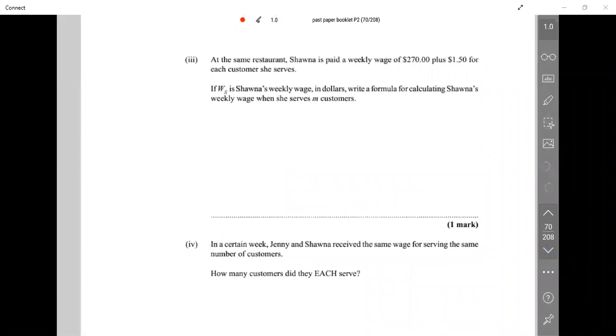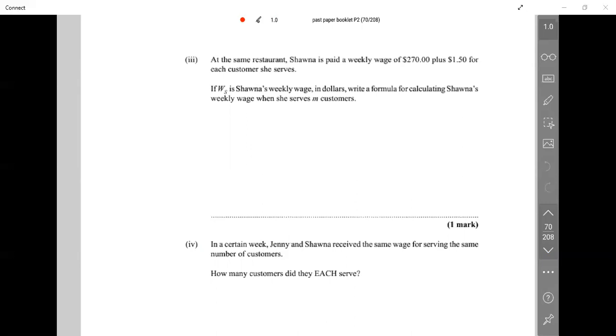Now, at the same restaurant, Shauna is paid a weekly wage of $270 plus $1.50 for every customer she serves. So Shauna's wage agreement is different. If WS is Shauna's weekly wage in dollars, write a formula for calculating Shauna's weekly wage when she serves M customers.